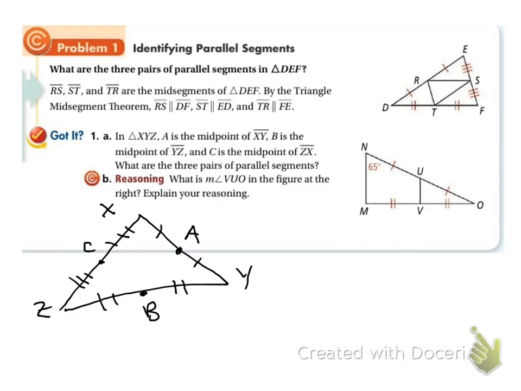What are three pairs of parallel segments? Okay, well, we'll use a color. CA is parallel to ZY.